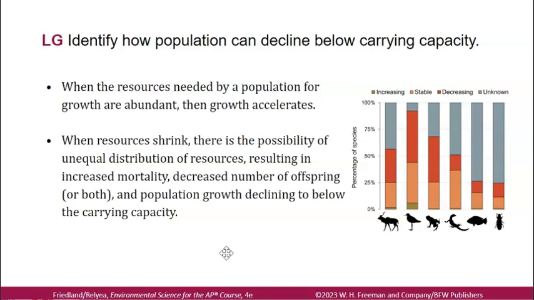When resources needed by a population for growth are abundant, then growth accelerates. When resources shrink, there's an unequal distribution of resources. So maybe you have enough food, but not enough water. If things change, like during drought times, well, usually in drought you have less food and water, but maybe you have enough food, but not enough habitat space or places to make nests for creating offspring.